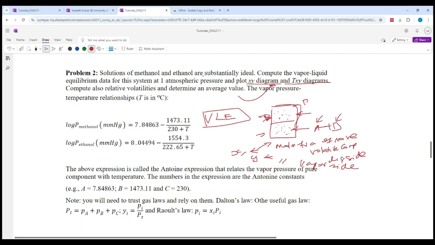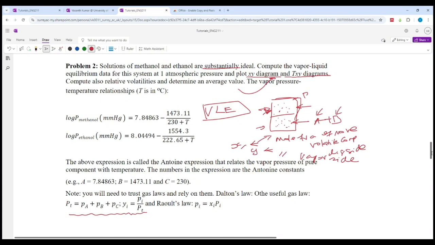Assume that they are substantially ideal, which means you can use Raoult's law to predict the fluid properties, and it also means we can use some of the gas laws. Whenever we are implementing these types of equations, we have to assume the system is ideal. So that's the idea behind the so-called ideal systems.